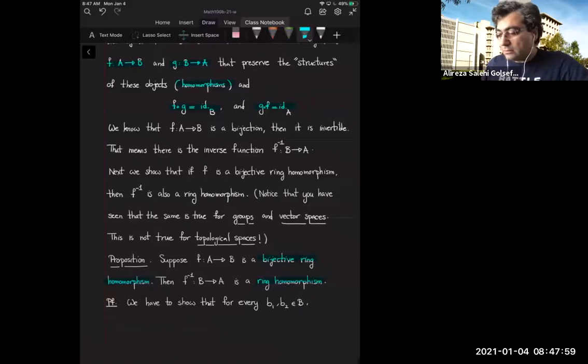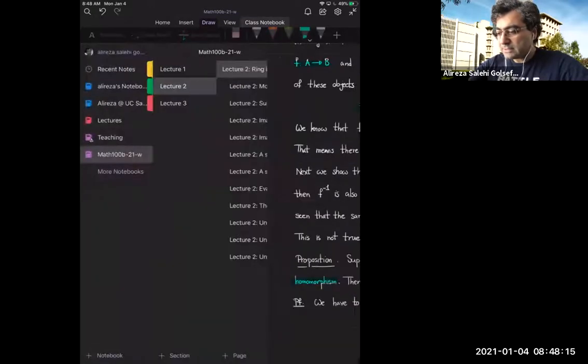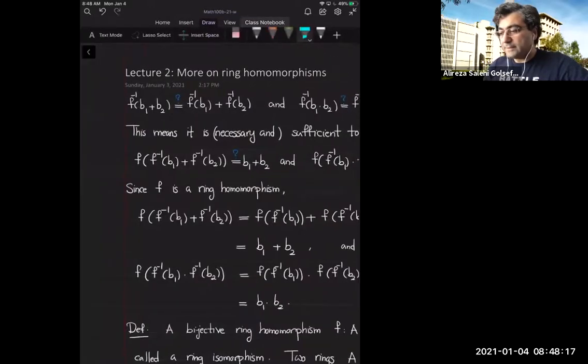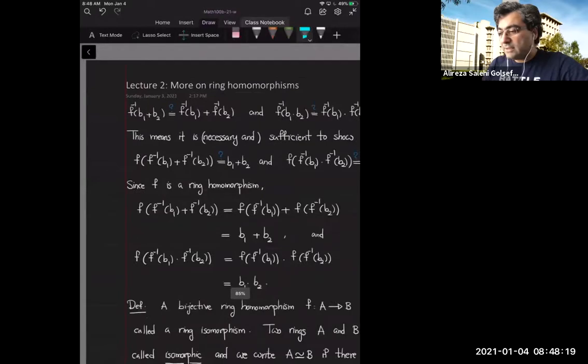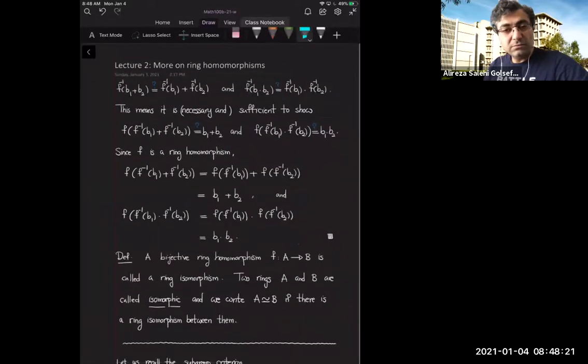We need to show that whenever we take b1 and b2, two elements of the domain capital B, then F inverse, the inverse of the function F, actually preserves addition and multiplication. That means we need to show that F inverse of b1 plus b2 is the same as F inverse of b1 plus F inverse of b2. And the same should be true for the product.